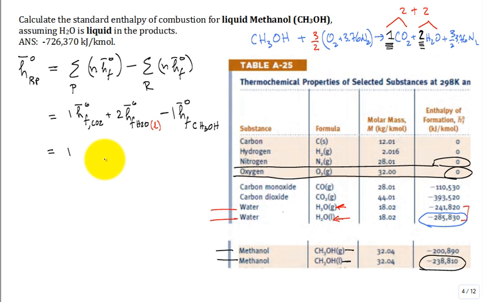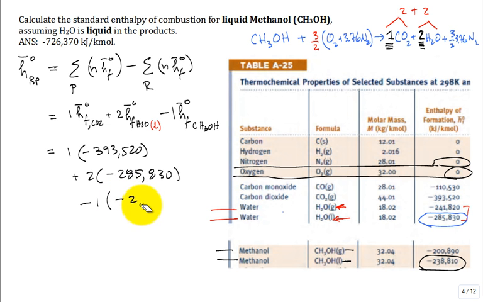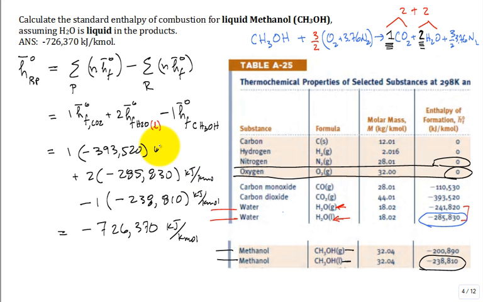We have 1 times negative 393,520 plus 2 times negative 285,830 minus 1 times negative 238,810, and then you'll get the negative 726,370, the units of kilojoules per kilomole. Each one of these are kilojoules per kilomole.